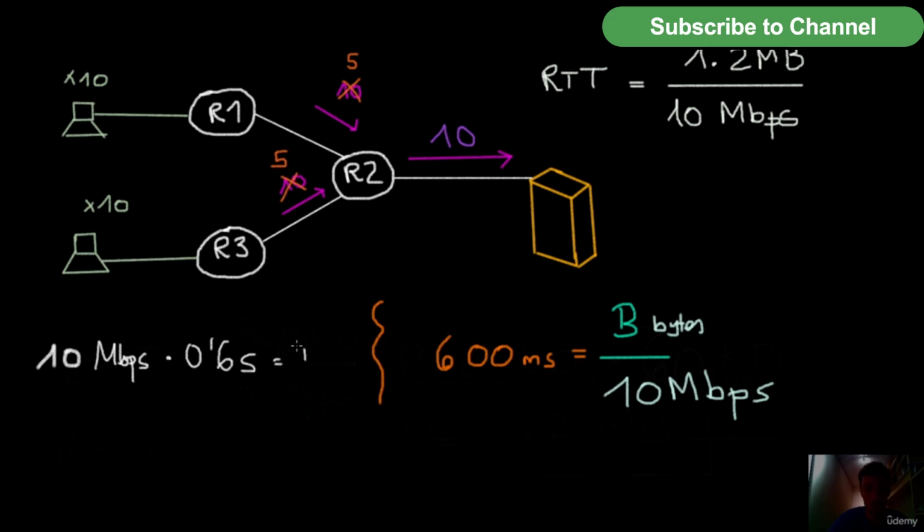This is equal to B. And now we can transform this megabits per second to bytes per second. First of all, we multiply 10 by 10 raised to 6. So now, instead of megabits per second, we have bits per second. And if we want bytes, we divide this by 8. So now the unit of this expression is bytes per second.